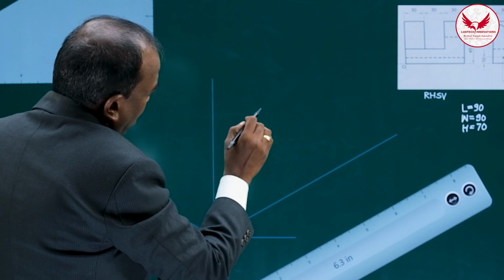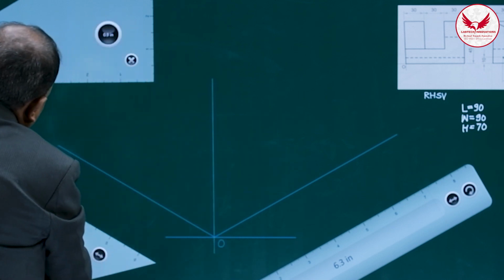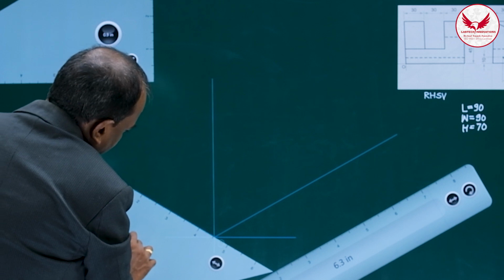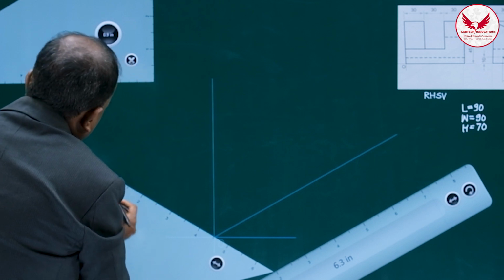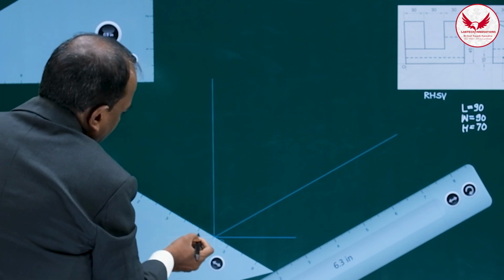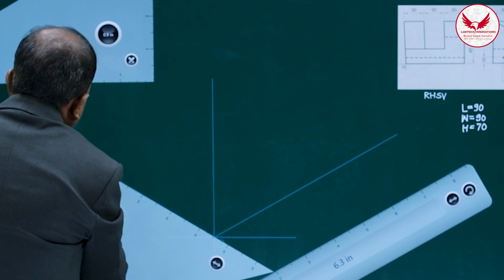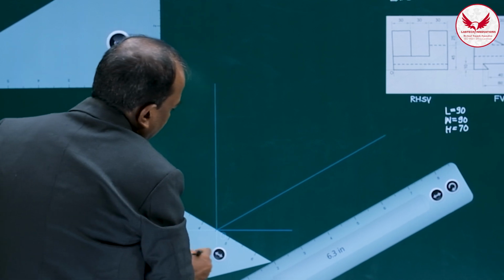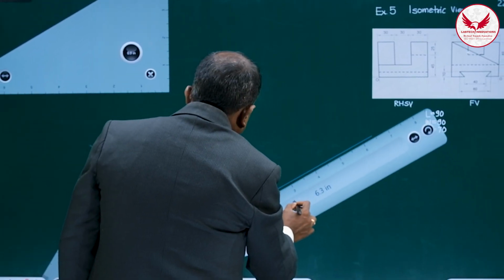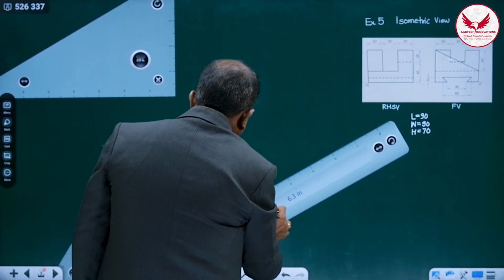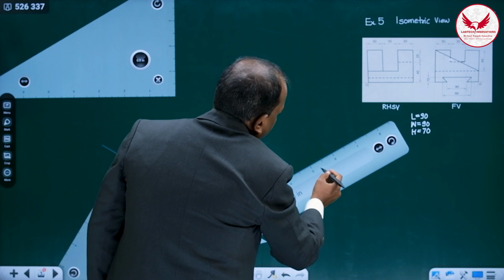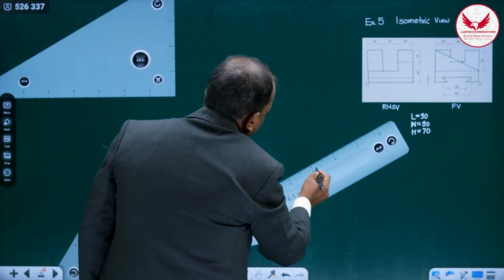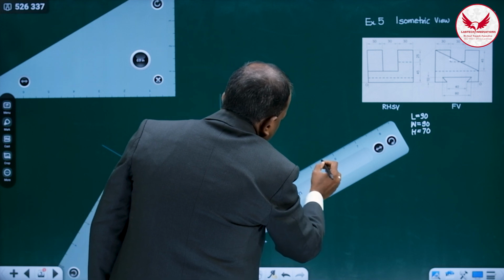What we have to do? Length is 90. How will we mark 90? So it will be like this. I will mark perfectly here 90 in this way. So this is 90. Then width is also 90, so it is 20, 40, 60, 80, 90.